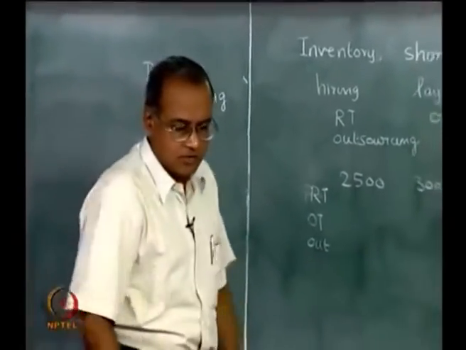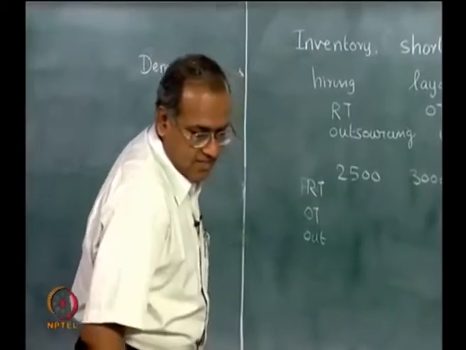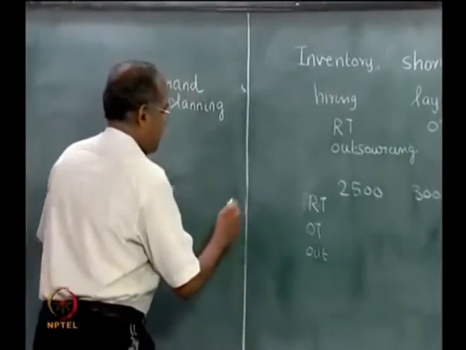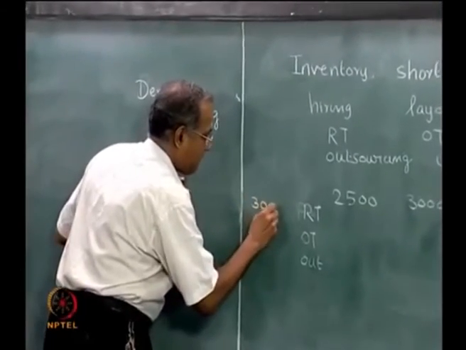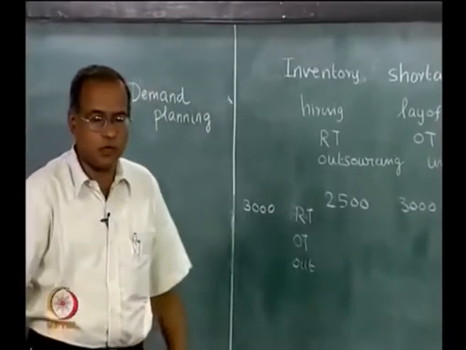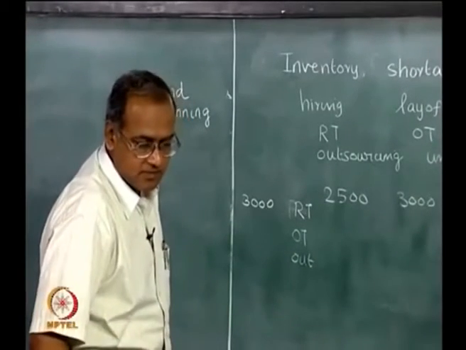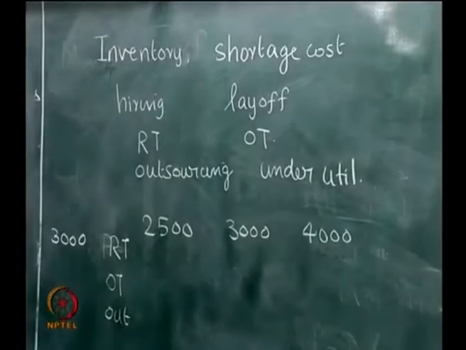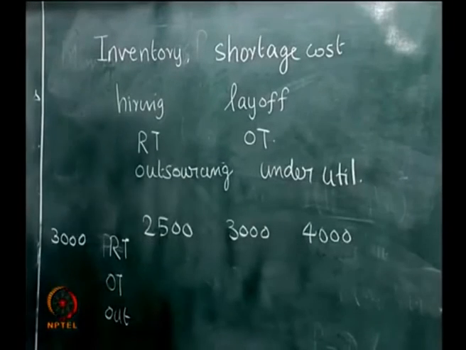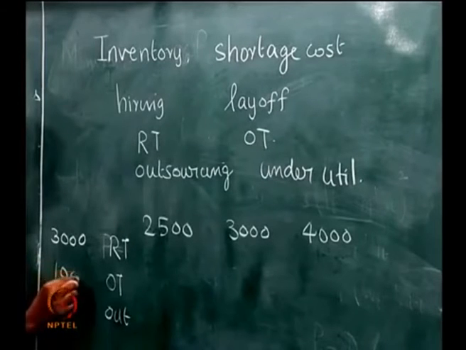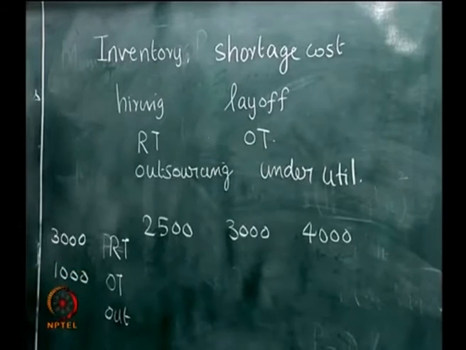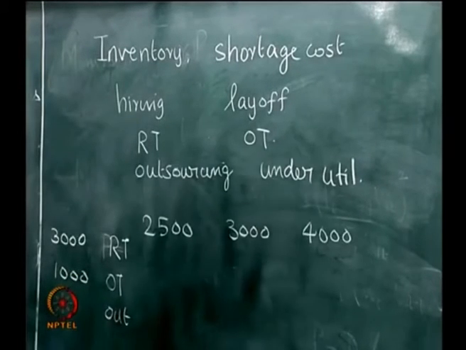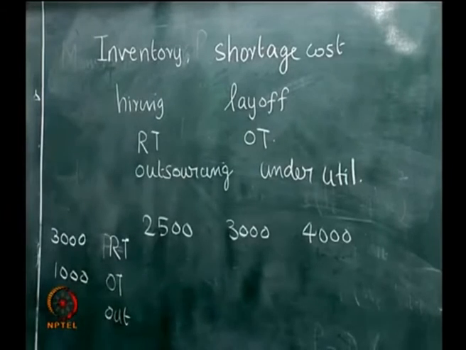We assume that the regular time capacity is 3000 per month. Let us assume the overtime capacity is 1000, and any number can be outsourced.